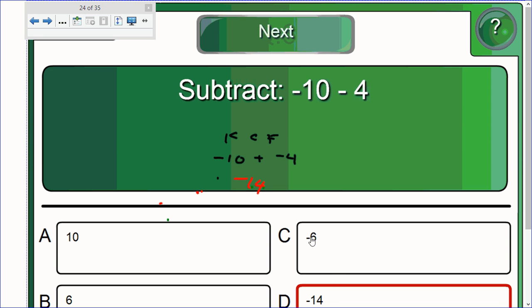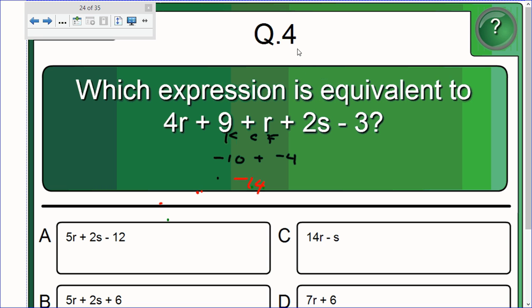So remember, subtraction is really adding the opposite. So we would take the 10 and add, not subtract, the opposite of the second term. And that'll give us the answer to our problem. All right, let's look at the next question. And let's erase that stuff.